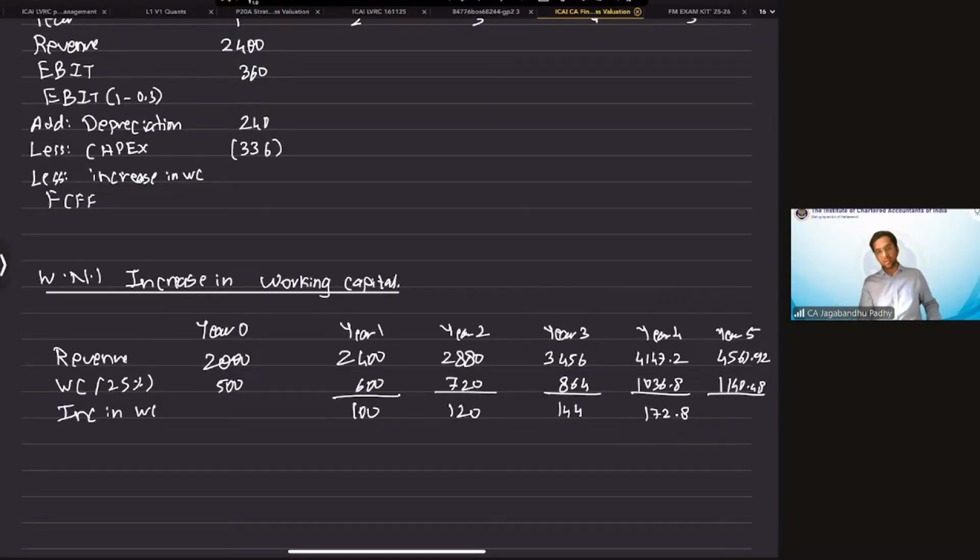So the increase in working capital is 103.68.